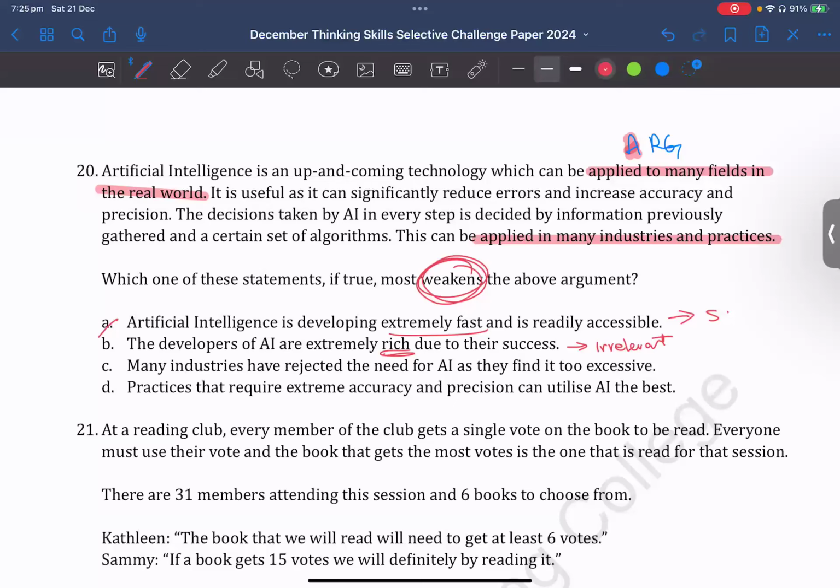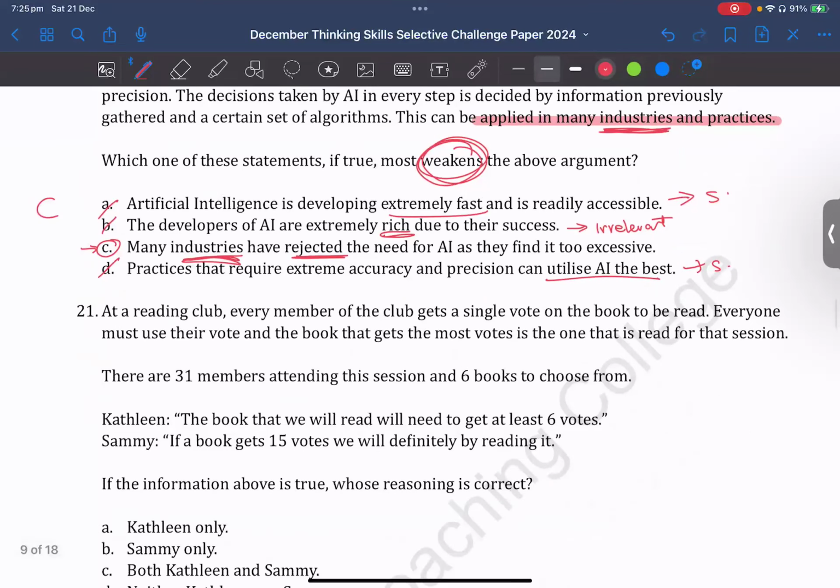C, many industries have rejected. So already I'm noticing industries, right? This is what we were looking for. They've rejected the need for AI as they find it too excessive. I like this. I'm going to hold on to it, see if D is okay. Now, D says practices that require extreme accuracy can utilize AI. Once again, strengthens the question, which is why C is your best answer.